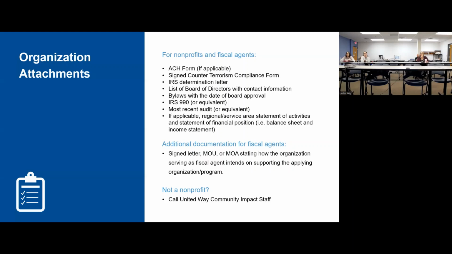We will also require a copy of your bylaws, a copy of your most recent 990, and the most recent audit. The 990 is one where there is some flexibility, because as the size of your organization grows, you grow up to that full 990. But if you're a really small organization and you're not required to have a 990 to begin with, we're not going to require that from you.